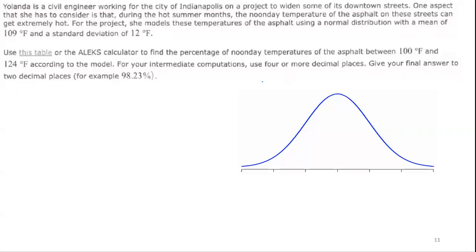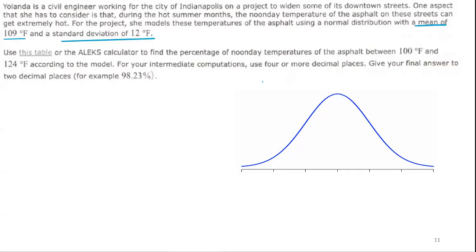Let's try to decipher the information that they gave us here. It says here that for the project, she models these temperatures of the asphalt using a normal distribution with a mean of 109 degrees Fahrenheit and a standard deviation of 12 degrees Fahrenheit.